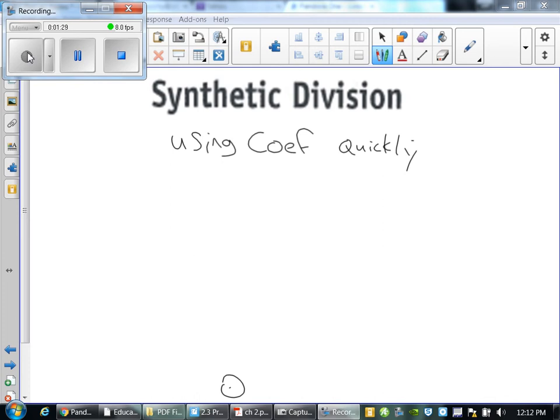It is going to allow us to do substitution. It allows us to even factor higher order polynomials, if you remember that from last year. Synthetic division is one of the most, I don't want to say economical, but the least time restricted process of factoring.